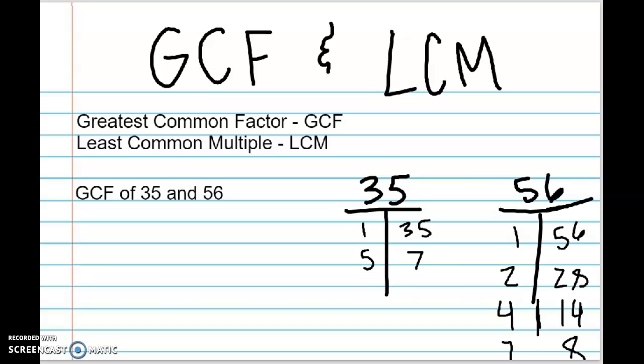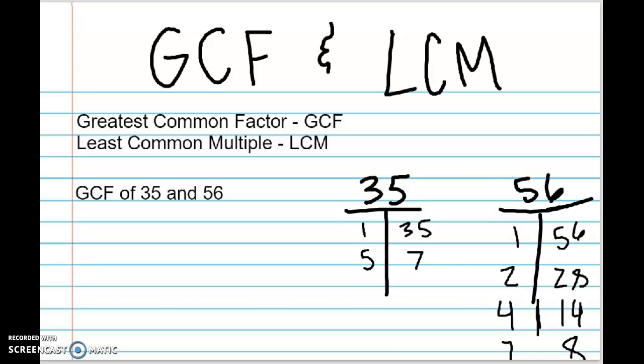But when we're looking for the greatest common factor, we're looking for that number that they both share, the largest number they both share. Of course, they're both going to have a 1, duh. But we're looking for whatever number is bigger than that. Sometimes the greatest common factor is 1. But if we can find a bigger factor, then that's what the greatest common factor will be. So look at both sides. Is there a number that they both have?